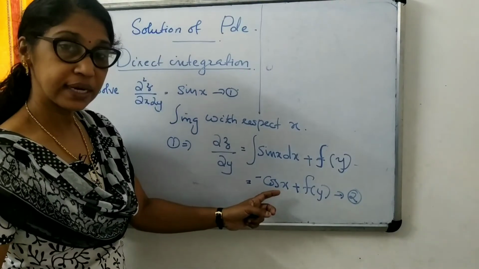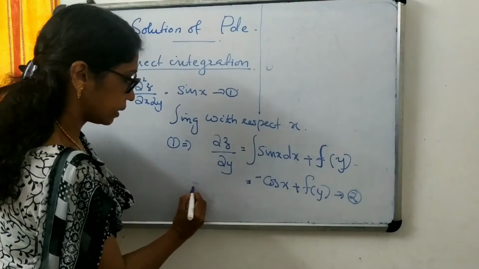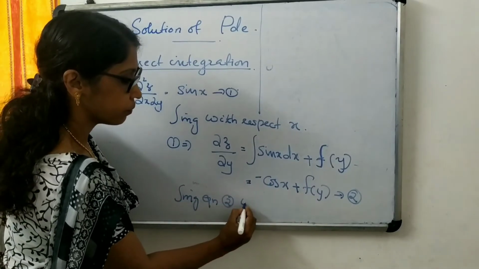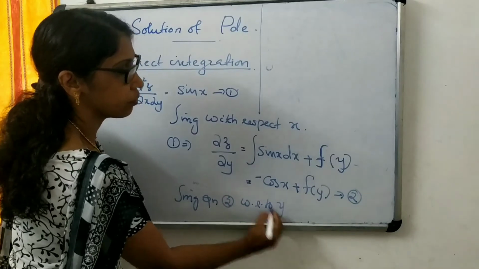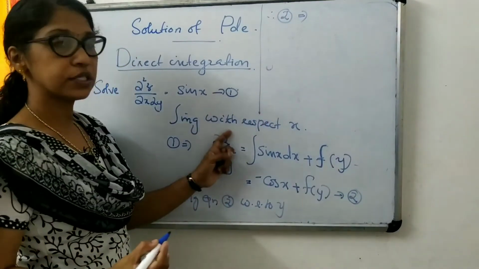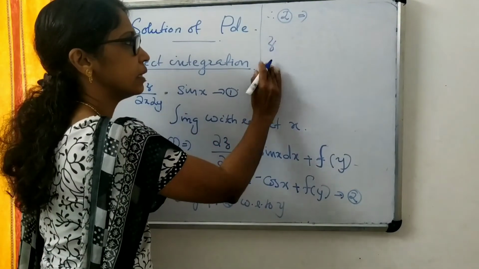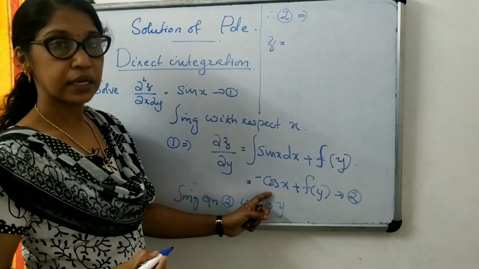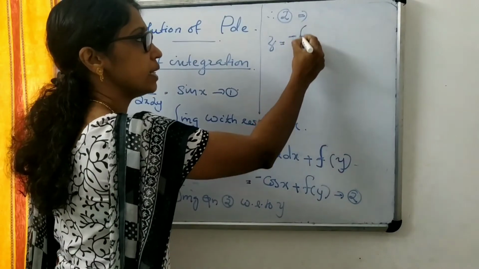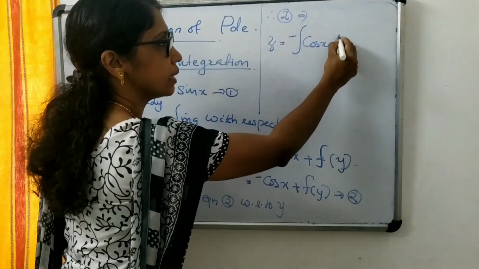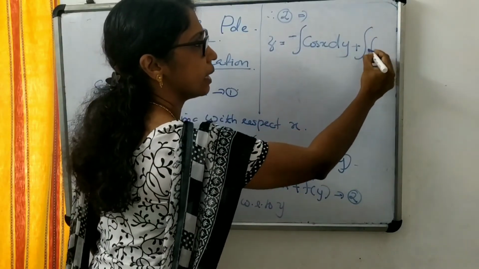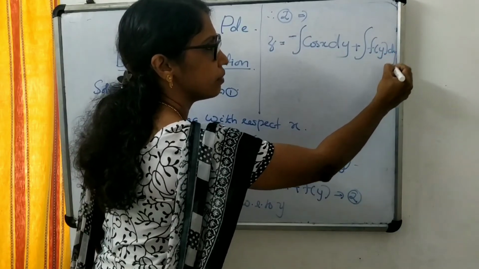Now I am going to integrate equation 2 with respect to y. Therefore, ∂z/∂y becomes z. z is equal to integral of minus cos x with respect to y, that is, minus is taken outside, integral cos x dy plus integral f of y dy.